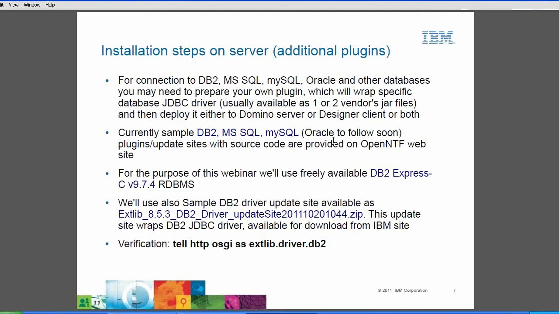After that installation, as before, we will do a verification step to verify that the DB2 plugin is installed correctly, and for that another OSGi related command will be invoked. That covers mostly the installation on the server side, and the additional plugins that need to be installed in regard to the relational database management system.